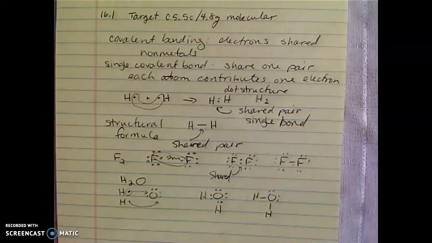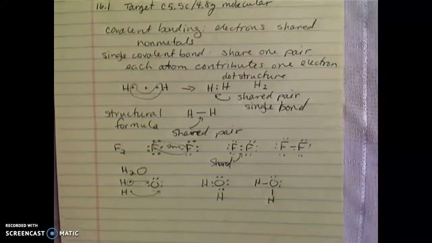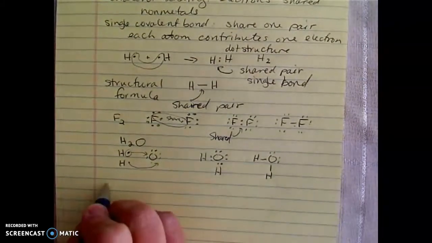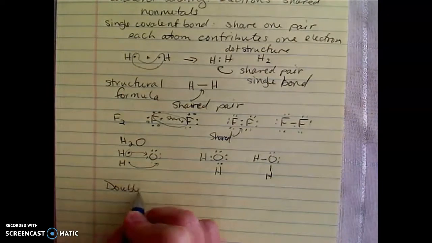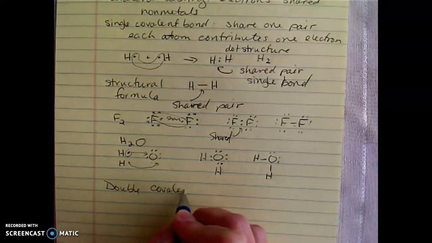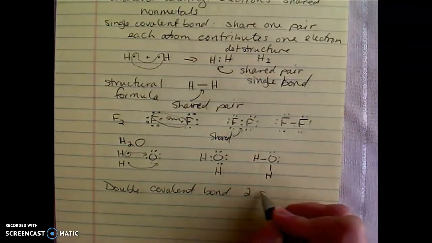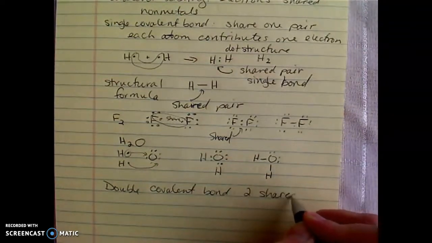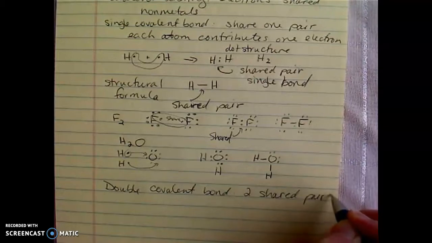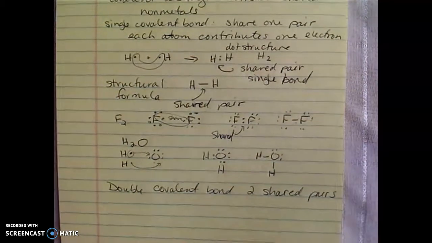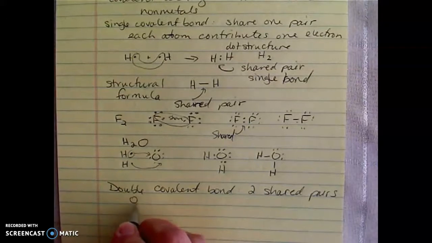Now we're going to take a look at a more difficult structure, and that's with double bonds. If you have a double covalent bond, it's just a little more complicated because you have 2 shared pairs. Oxygen is a great example of this.